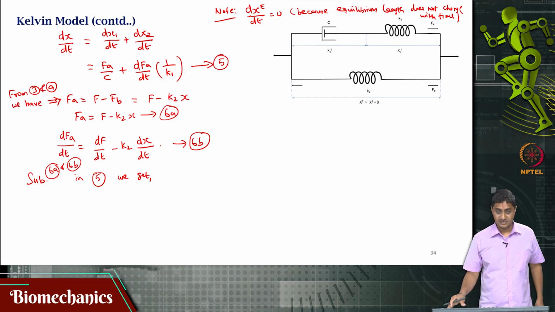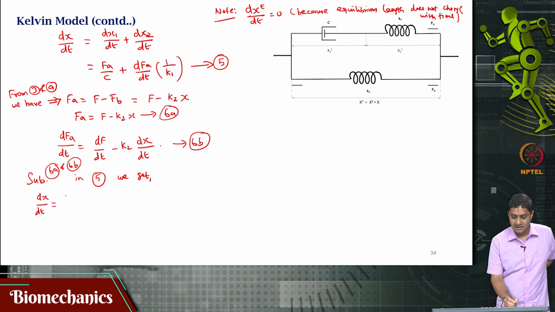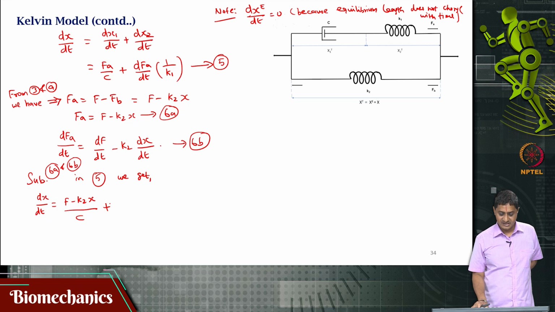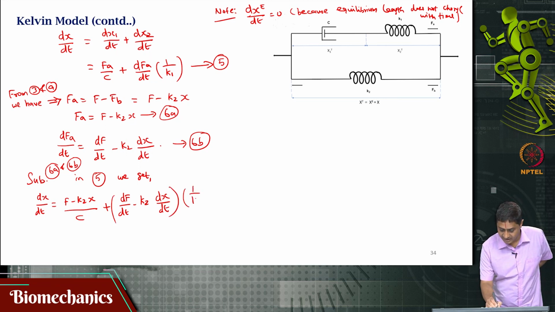Okay, let us write it out. What is it? dx by dt is Fa by c, that is F minus K2x divided by c, plus dFa by dt. What is dFa by dt? That is there in equation 6b, that is dF by dt minus K2 dx by dt, the whole thing multiplied by 1 by K1.